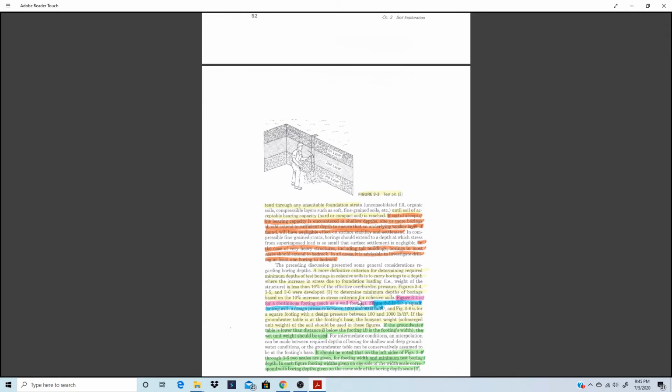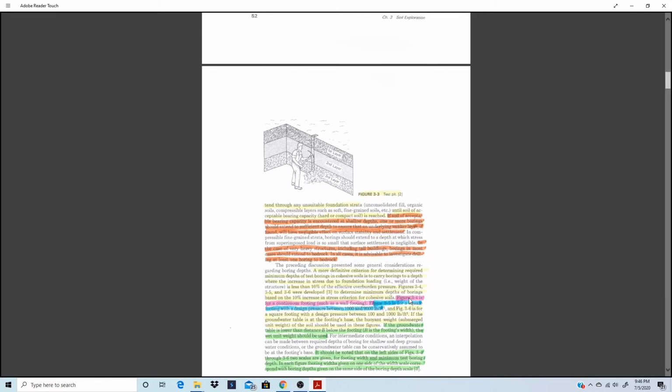They have 3 different charts that we can use to figure that out. So figure 3.6 is for a continuous footing, such as a wall footing. It's not for a heavy building, it's not a square load, it's usually a wall footing, something maybe underneath a slab on grade, but it's what you would call continuous.